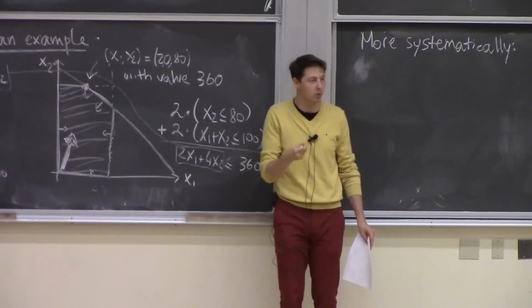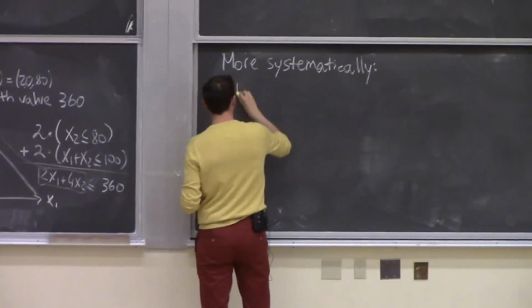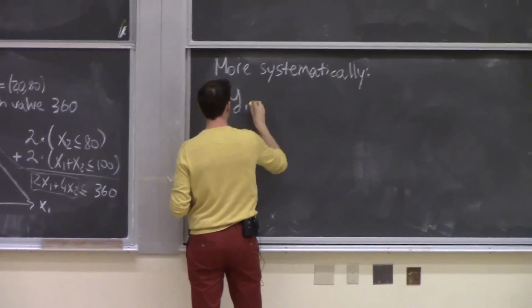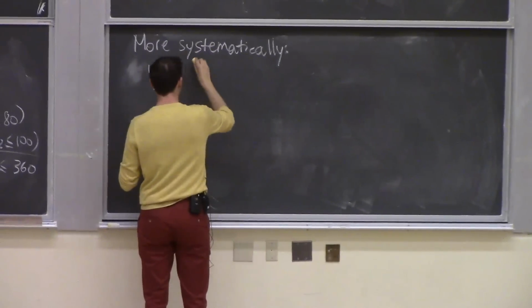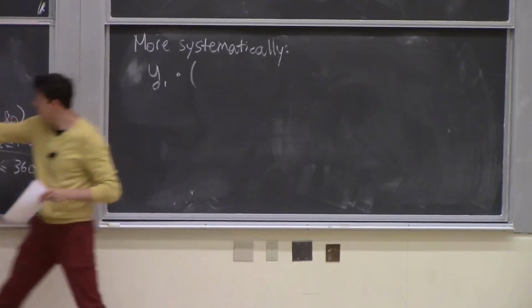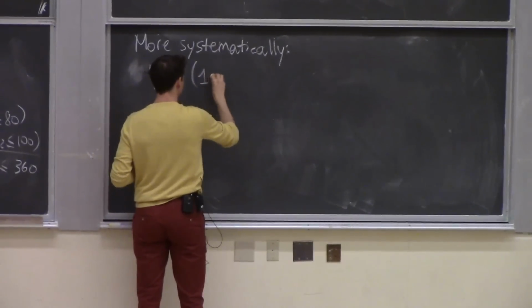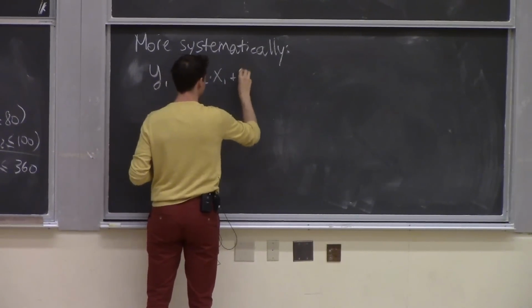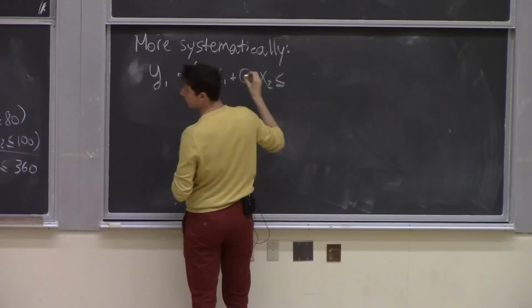So I'm associating one variable per constraint. You can think about that as me doing y1 times the first constraint here, which is 1 times x1 plus 0 times x2 is at most 50.